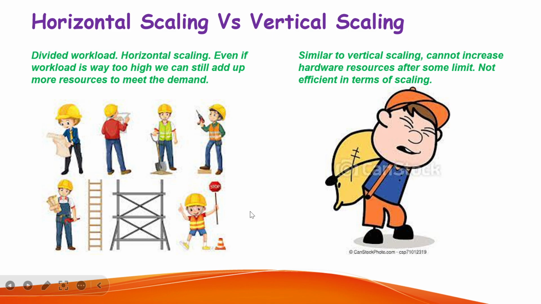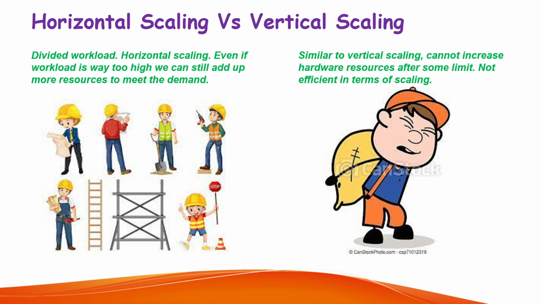Now, the amount of work along with the time was distributed between all these 10 laborers, thereby leading to easy completion of the task. You can draw a similarity of the load on one laborer to vertical scaling and the distributed load between 10 laborers to that of horizontal scaling.